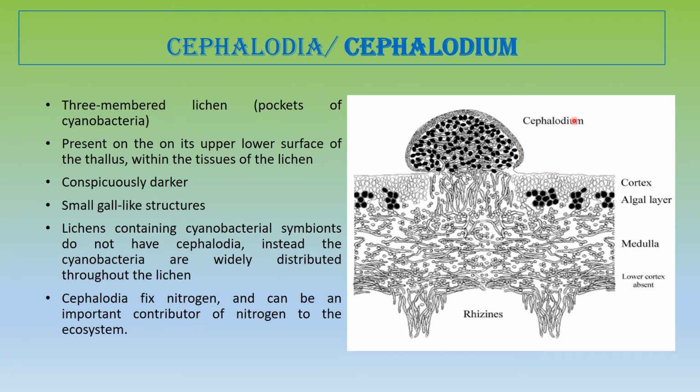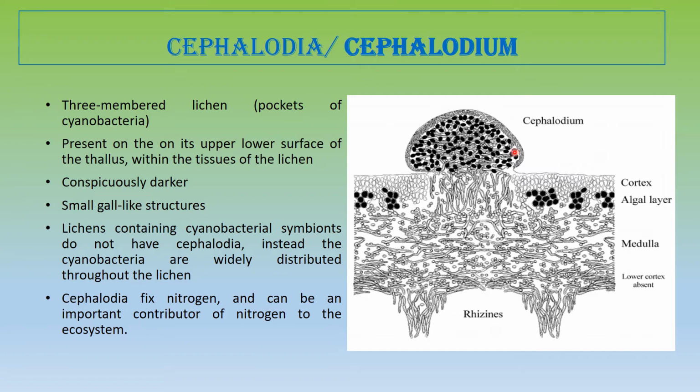In course of time the cyanobacteria also multiply, and more fungal hyphae grow over the increased number of cyanobacteria. This type of structure is called cephalodia or cephalodium, present on the upper surface of the thallus.